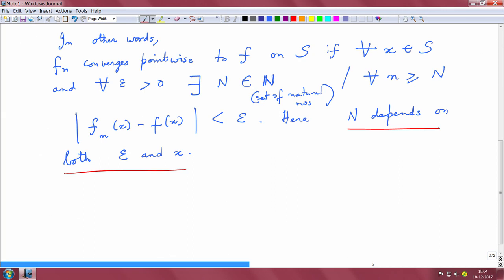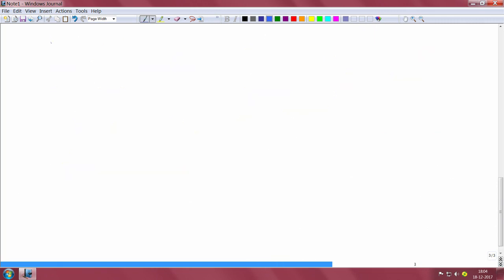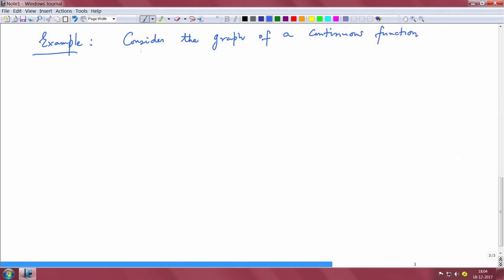Now, let us see an example. Consider the graph of a continuous function f_n of x equals x power n over this interval -1 to +1.